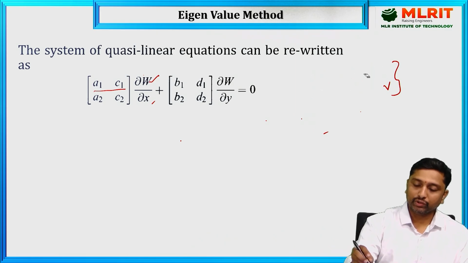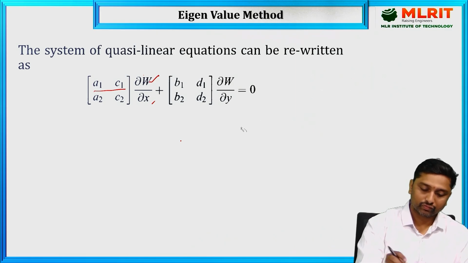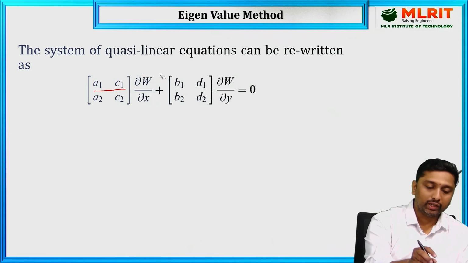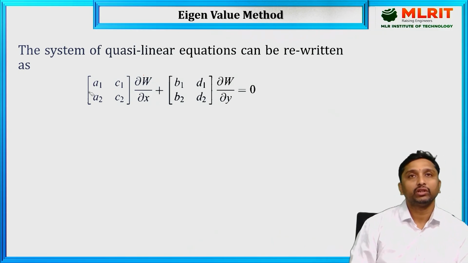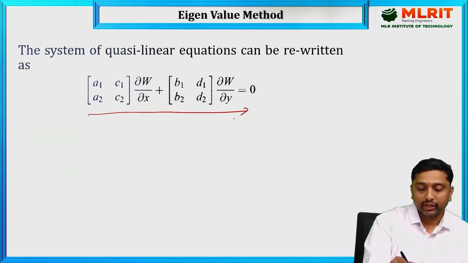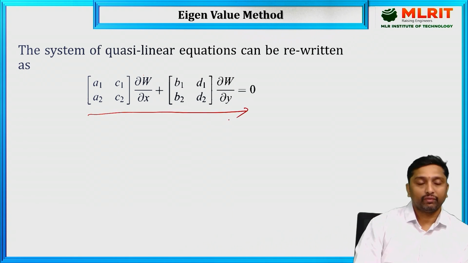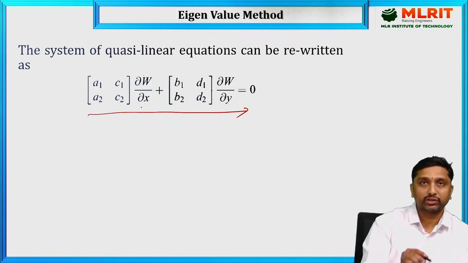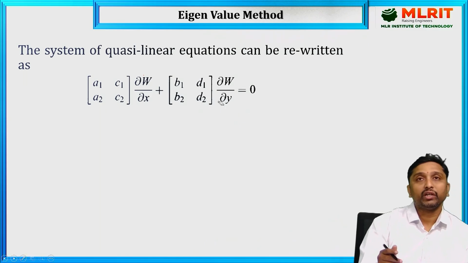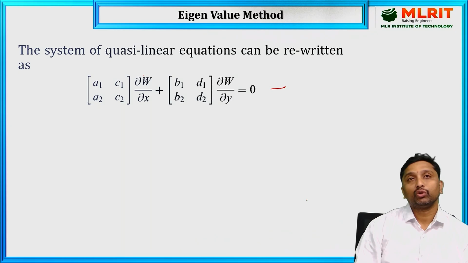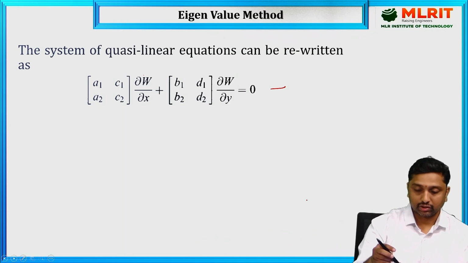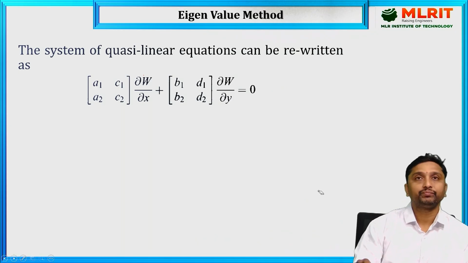So now we have reduced these two quasi-linear equations into one single equation in matrix form, where a1, c1, a2, c2 are the coefficients of dou W by dou x, and b1, d1, b2, d2 multiply dou W by dou y, equal to 0. This one equation now represents the two equations which we discussed earlier, that is, the quasi-linear equations.